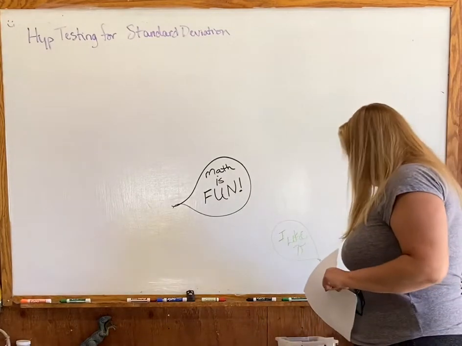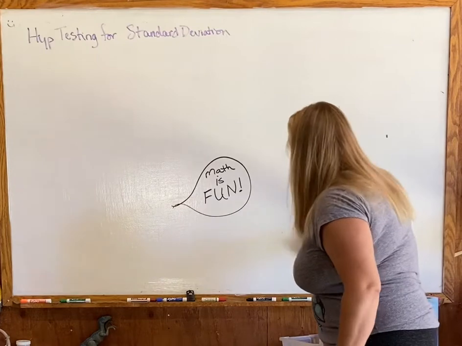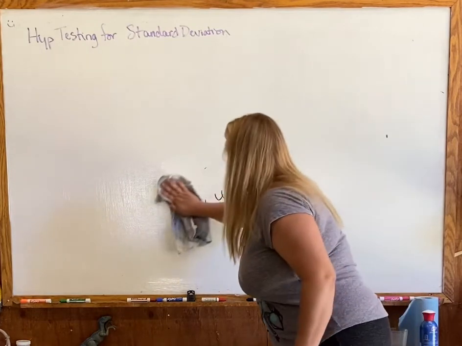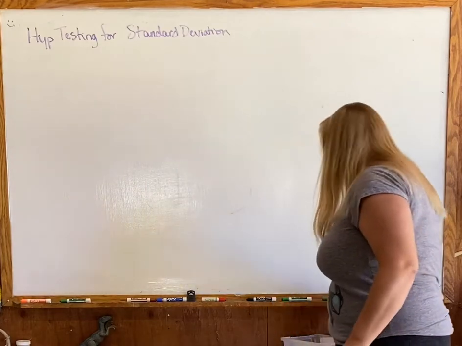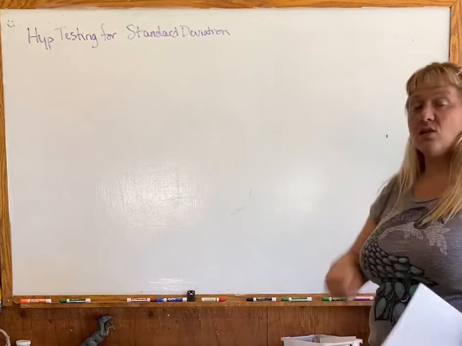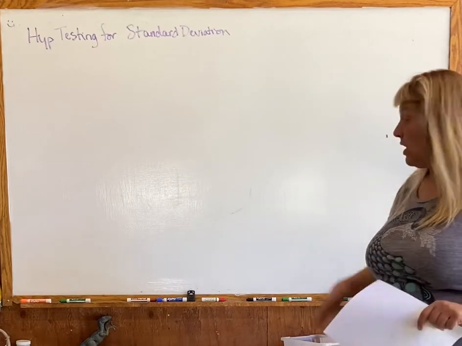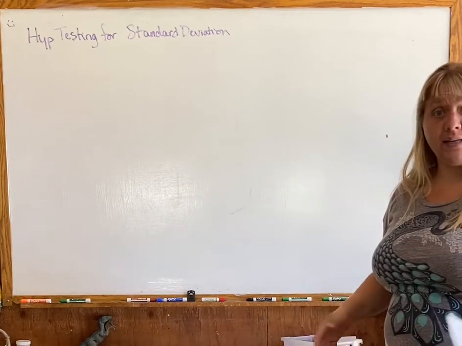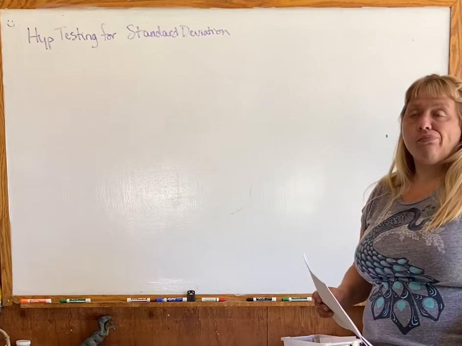So, let's get back to this lecture then. So in the first part, we talked about using the calculator in order to do chi-square tests, to find chi-square areas and stuff. So we're actually ready to jump right into the standard deviation problem.